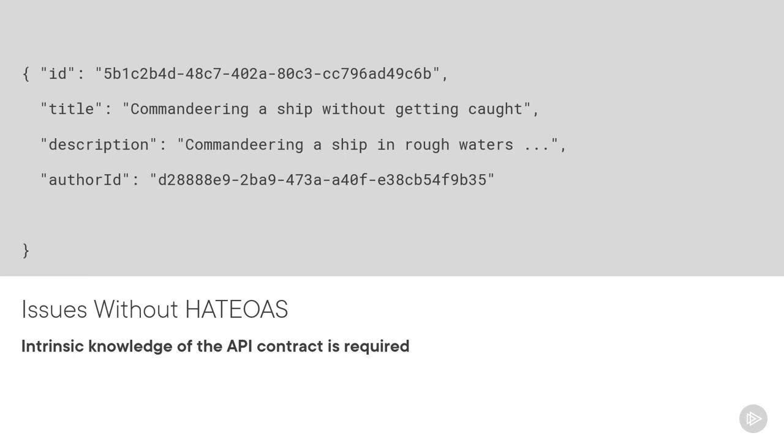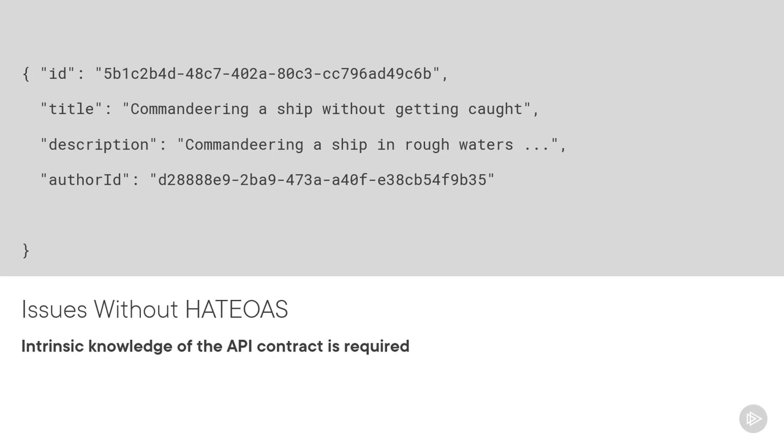From the contract or documentation, consumers can learn that they have to send a PUT or PATCH request to api/authors/authorId/courses/courseId to update a course with a specific payload, and a DELETE request to delete it. But it cannot get this information from the response itself. The consumer has to know this in advance, so the consumer needs intrinsic knowledge of the API contract.